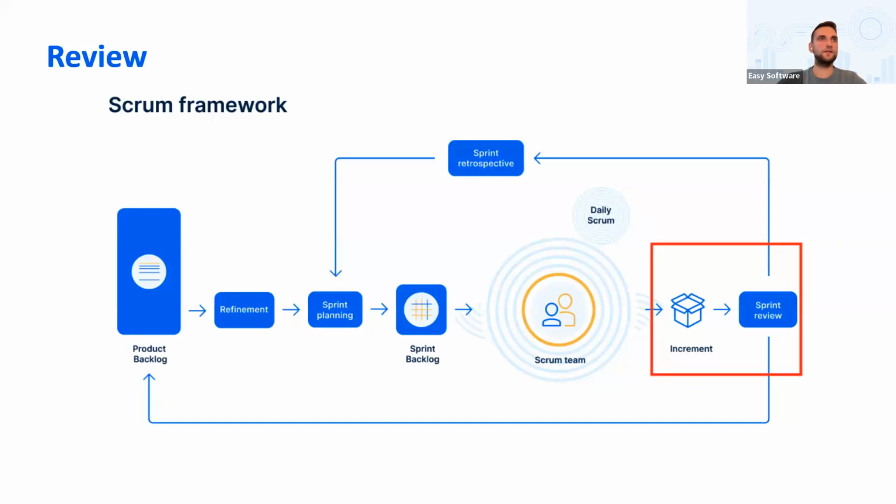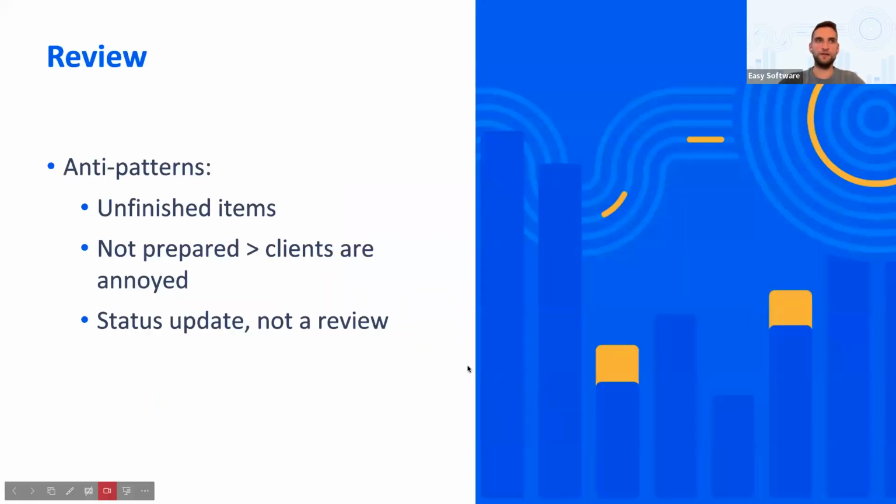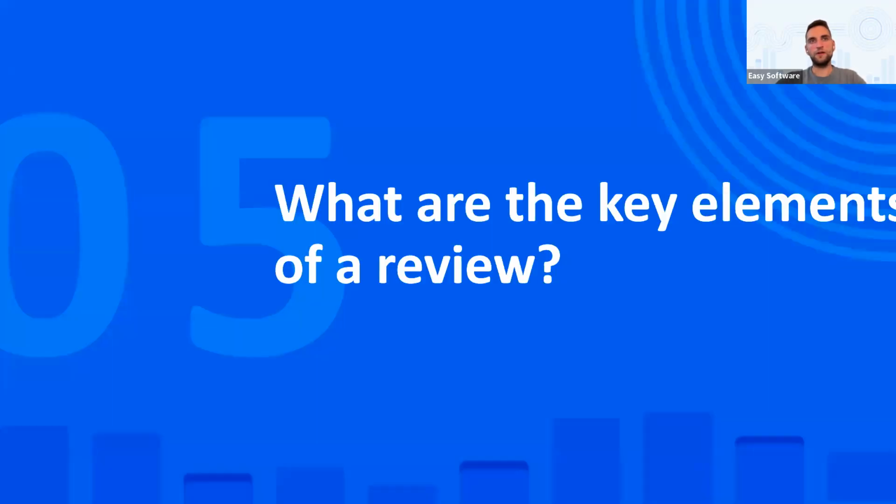Typical anti-patterns related to the review are unfinished work, the review not being well prepared, which leads to the clients being annoyed and not really seeing the value of the review, or the review turning into a status update where you just present how things are and not really thinking of how to move forward and what the delivered value to the client is. Which leads me to a question. What do you think, Jan, are the key elements of a review?